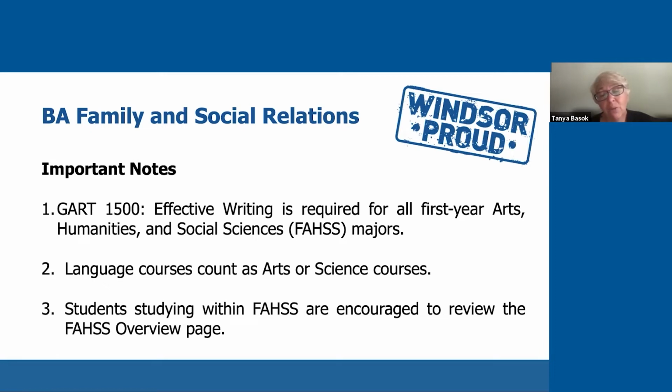And some of them count as either language or as arts. Students studying within the Faculty of Arts, Humanities, and Social Sciences are encouraged to review the FOSS overview page in order to figure out what they need to take.